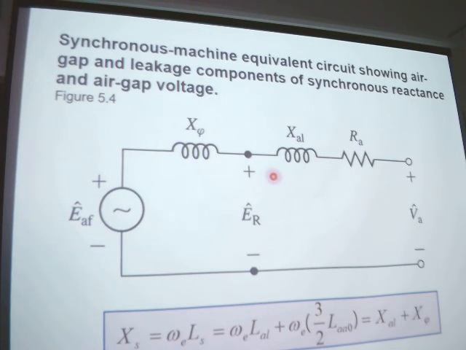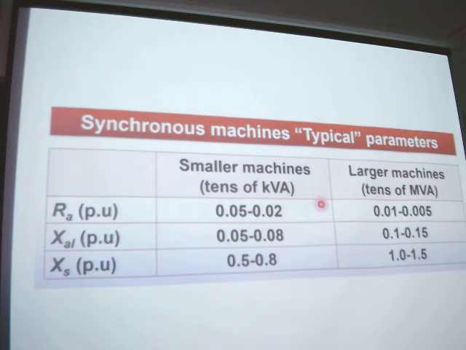And let's see the parameters. The XS in per unit. Here are some typical values for synchronous machines. One is for a smaller machine, and another for a larger machine. If it's a larger machine, the power is large.